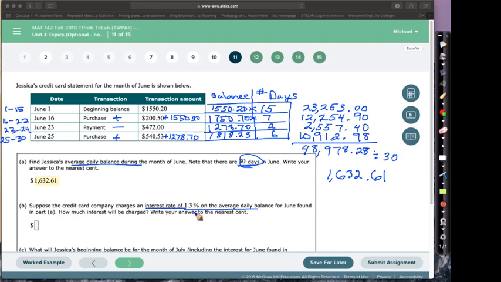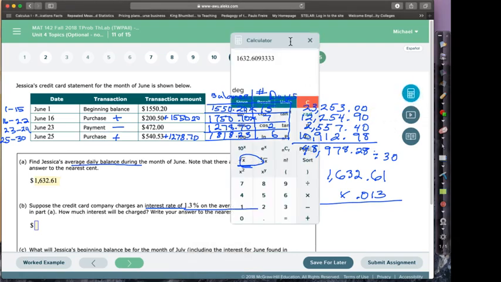So we take our number and we multiply it by 0.013. That's the interest on the average daily balance. It's already been calculated. We don't have to figure out how many days and that kind of stuff. So let's do that.